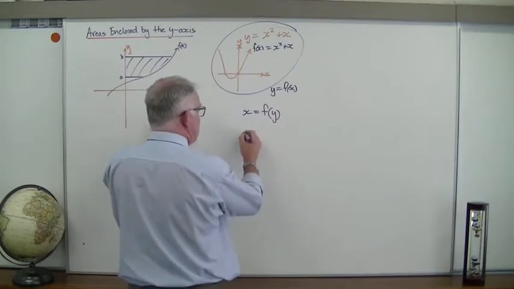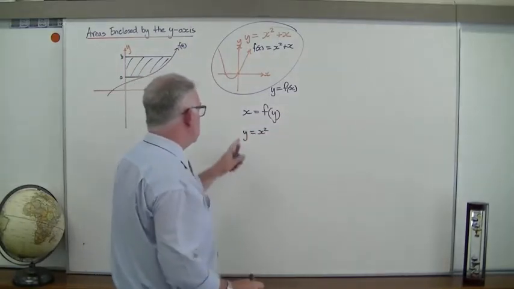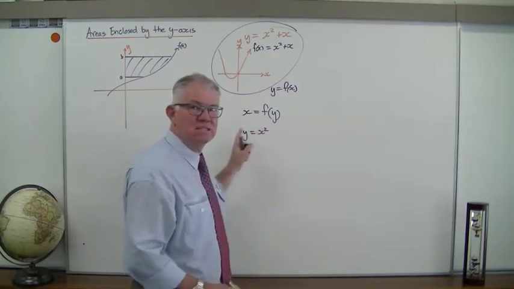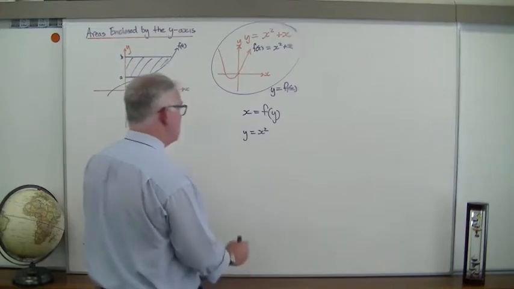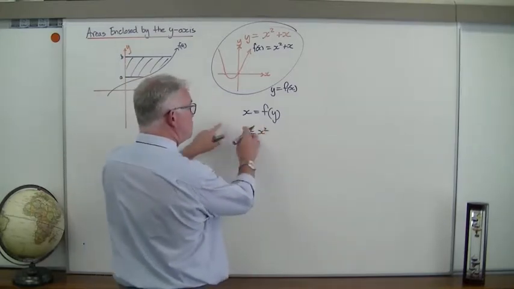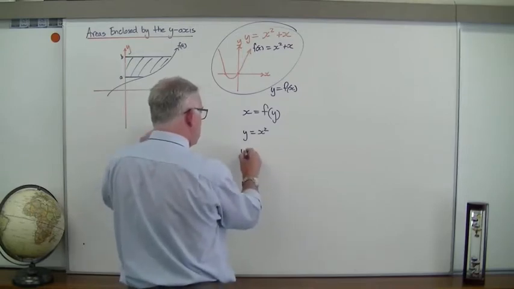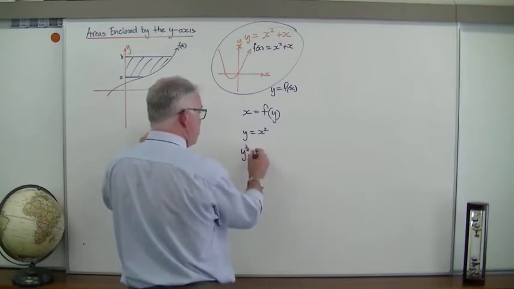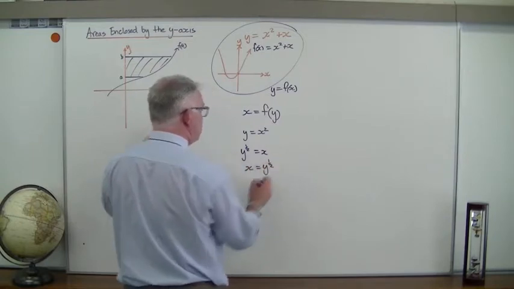A really easy example would be if y equals x squared. To make x a function of y, I do the inverse function on each side of the equal sign, and I end up with y to the power of a half is equal to x. So now x equals y to the power of a half.